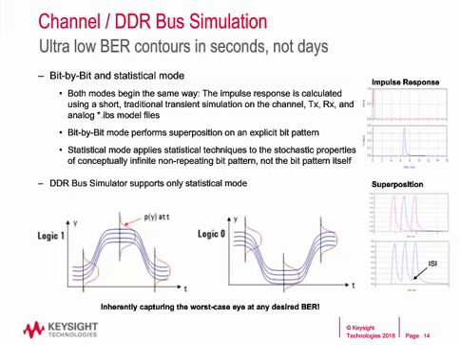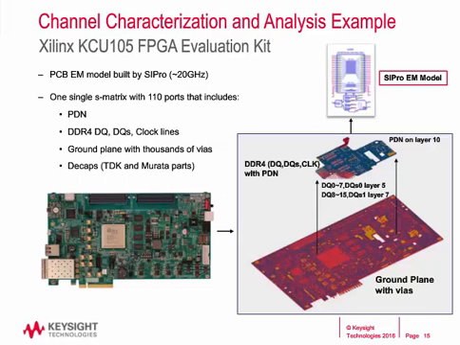So let's apply these techniques to the same example, the Xilinx board. The PCB model is built by SIPro from DC to 20 gigahertz, which is simply an S-parameter with 110 ports containing PDN, DDR4 DQ strobe, clock lines, ground planes, thousands of vias, as well as decoupling capacitors.